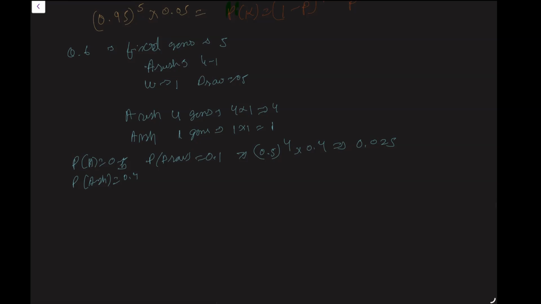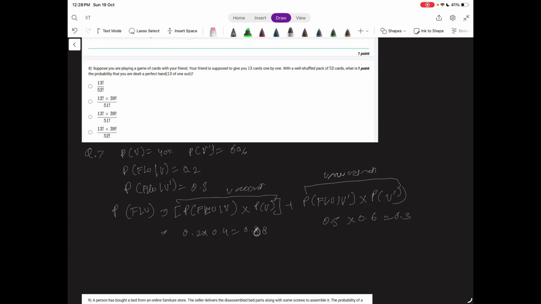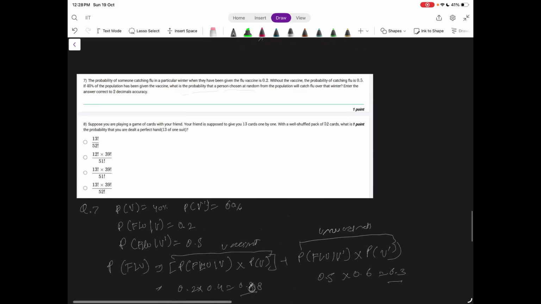This is only one way of solving A. So this is 0.3, this is 0.08, and when you do the total probability, 0.08 plus 0.3 gives you the final answer at 0.38. So the answer here is 0.38.